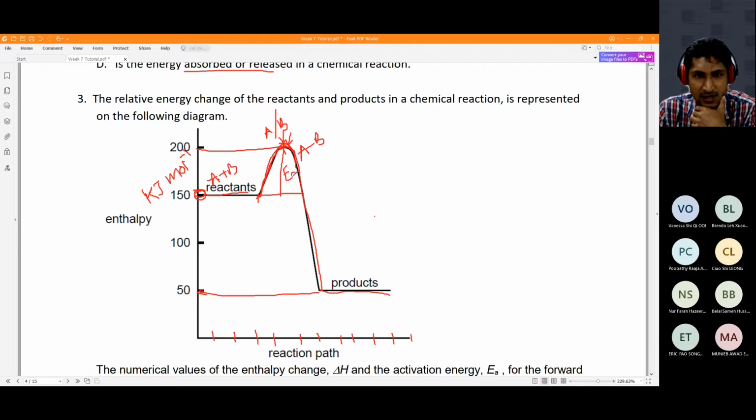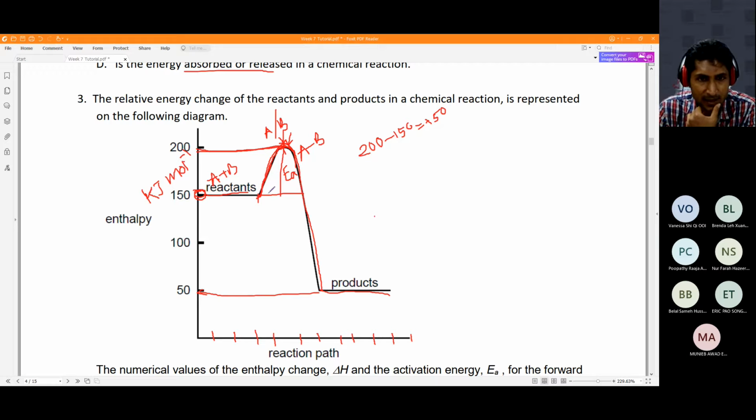How much is the activation energy? It reaches 200, and we started at 150. So 200 minus 150 is 50, right? So the activation energy is 50, and it is of course always positive.